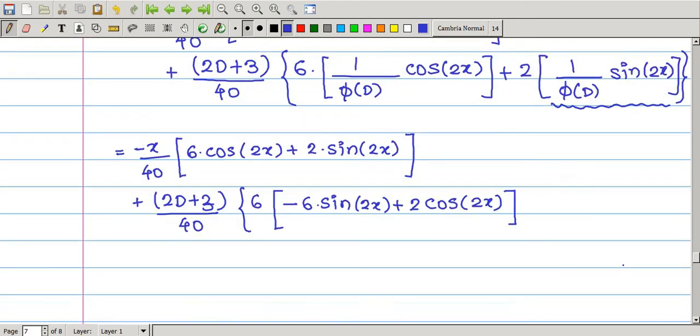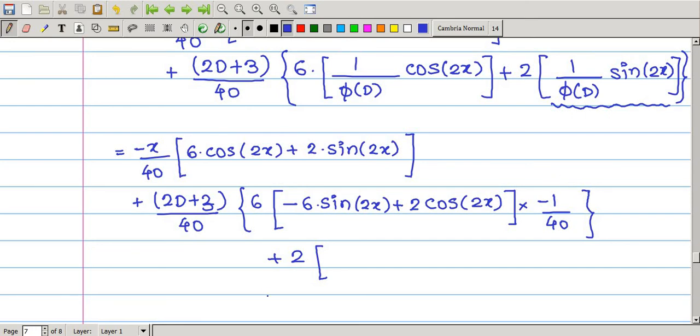Then plus 2 times, here we substitute this value as it is. Again we are forgetting that minus 1 by 40. So it is multiplied by minus 1 by 40. So this will be the first bracket.